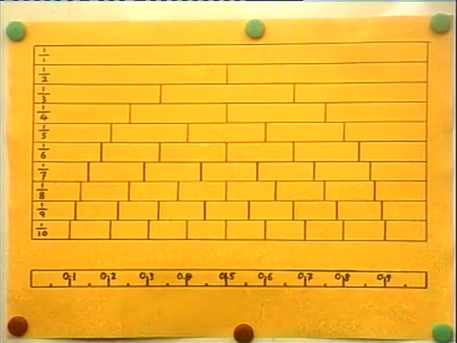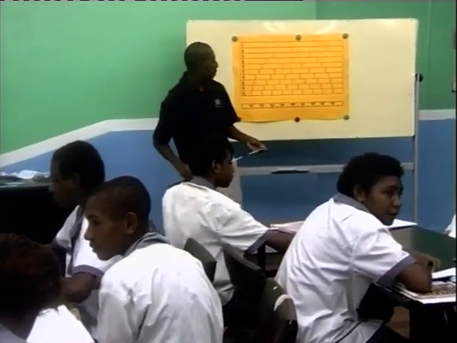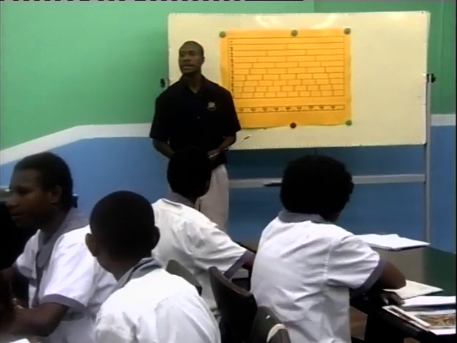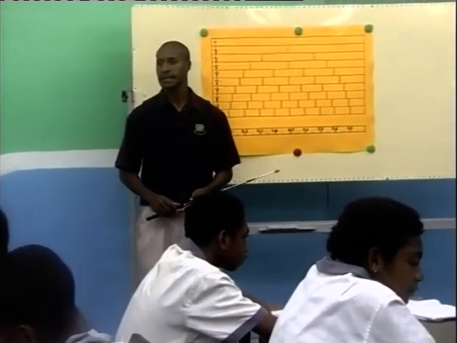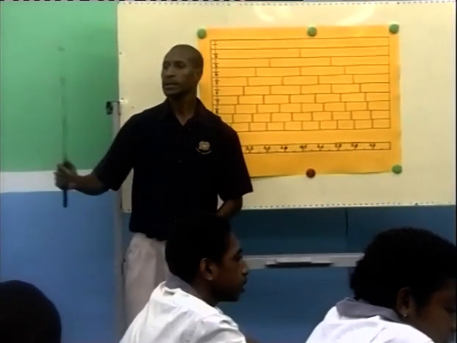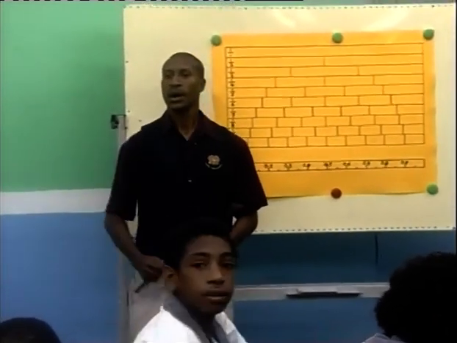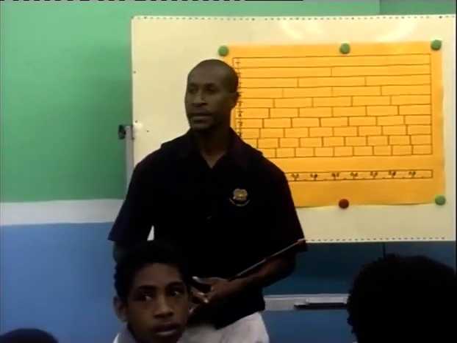Okay, let's see what we have. What is 6 over 7 in decimals? Can we have some answers? Okay, let's have one of our friends there.